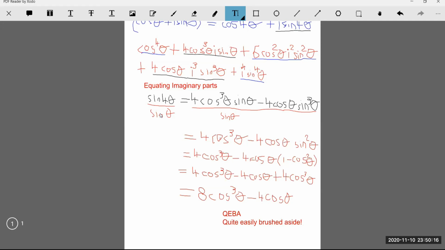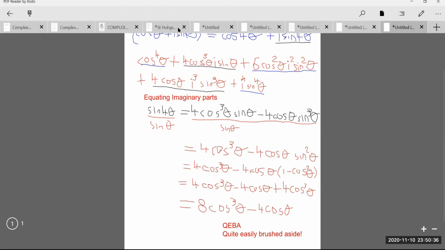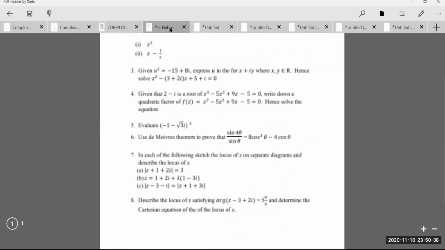Well, I would just do the same thing but with the real parts. Very good. Beautiful. We're getting it now. Wonderful. And so that takes care of this 8 cos cube minus 4 cos theta.